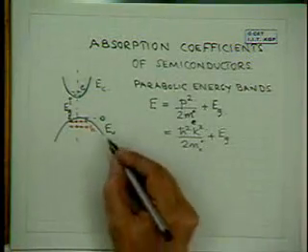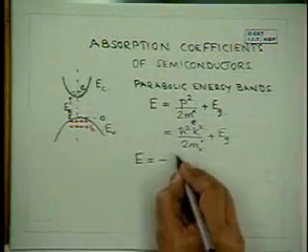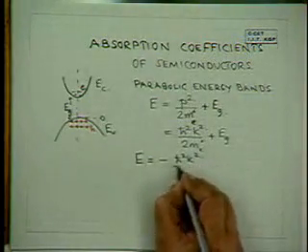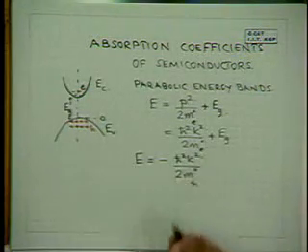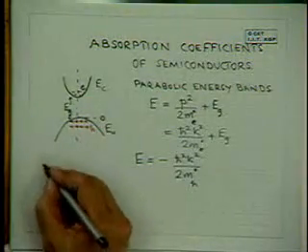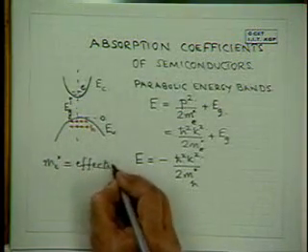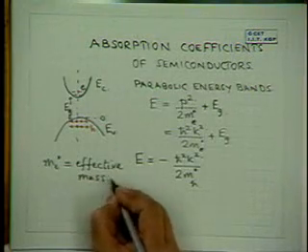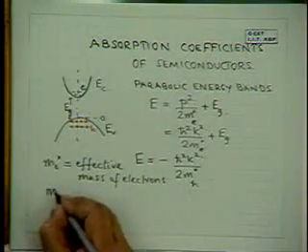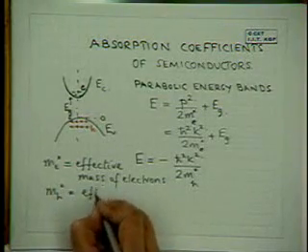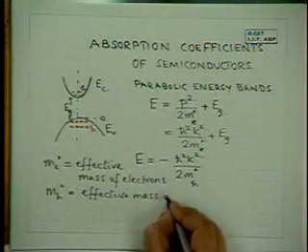Similarly, for holes in the valence band, we have a relation E equal to minus h cross squared k squared by twice m H star, where m e star is the effective mass of electrons, and m H star is the effective mass of holes.